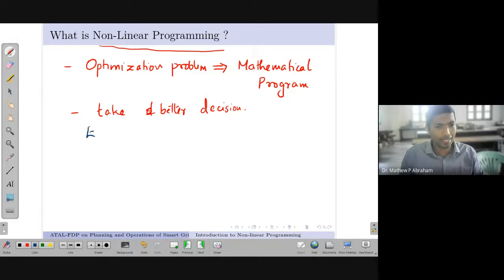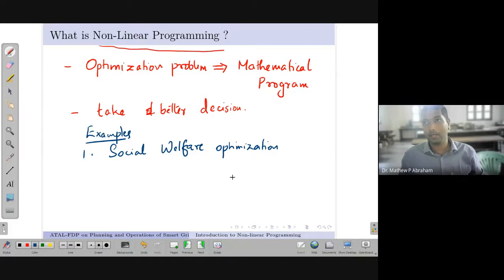Some examples of optimization problems in smart grid: one is the social welfare optimization problem, which we saw in the first session. In this problem there are buyers and sellers, and they submit bids.